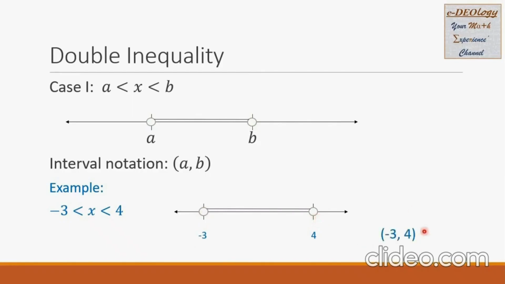And for our interval notation, we have the negative 3 and 4 as the end numbers, and we will use the parentheses on both sides. That means the numbers negative 3 and 4 are not part of the solution set.